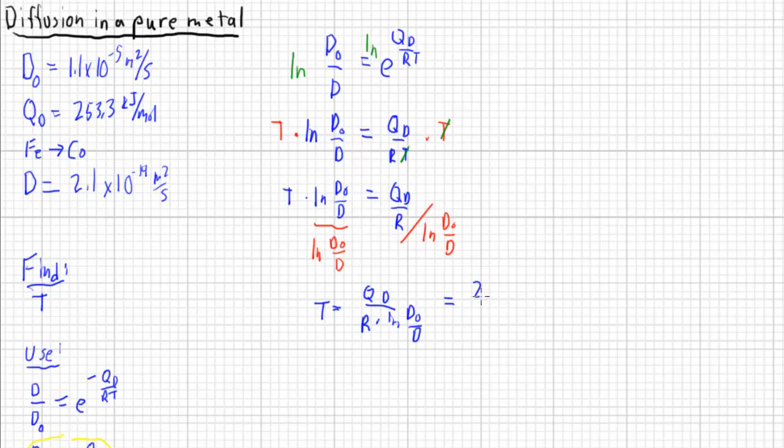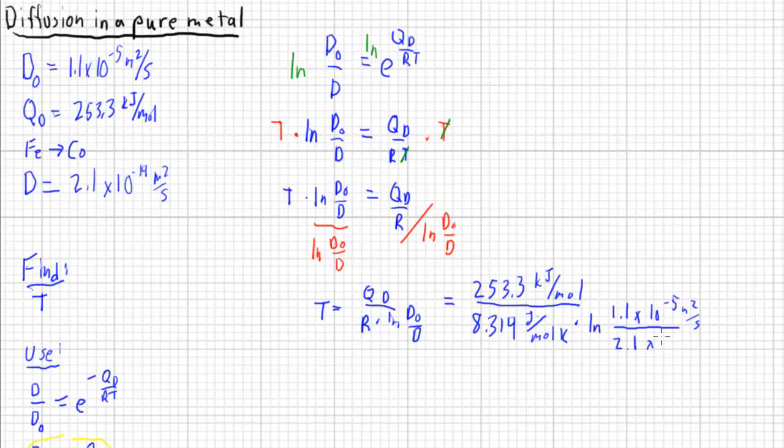So I've got 253.3 kilojoules per mole, all divided by 8.314 joules per mole Kelvin, times the natural log of 1.1 times 10 to the negative fifth meters squared per second, all over 2.1 times 10 to the negative 19th meters squared per second.